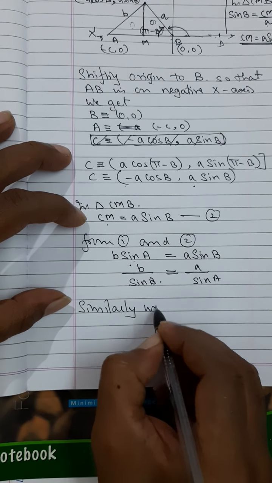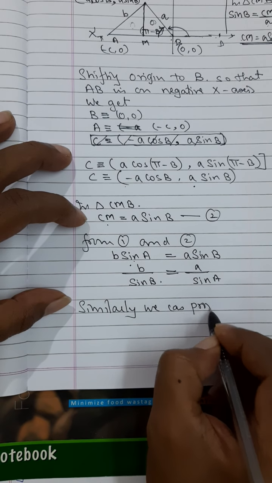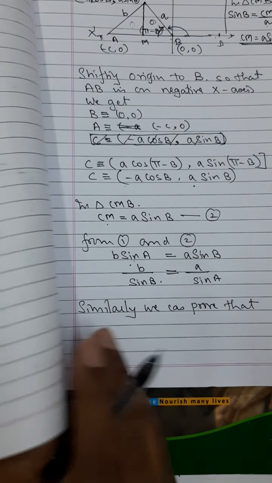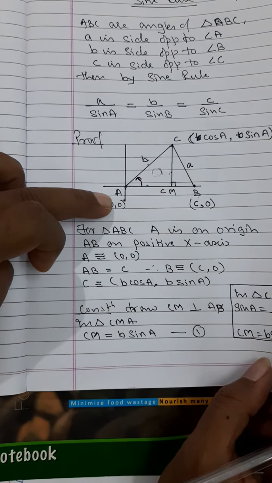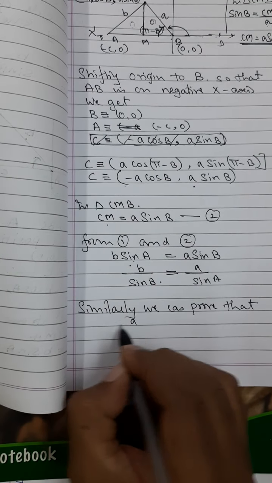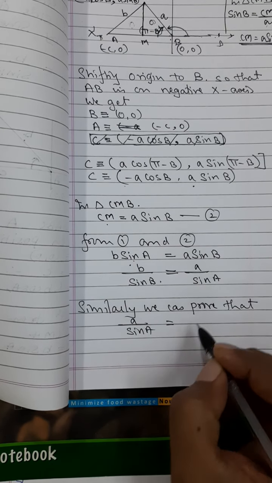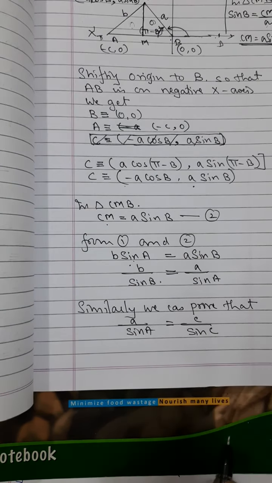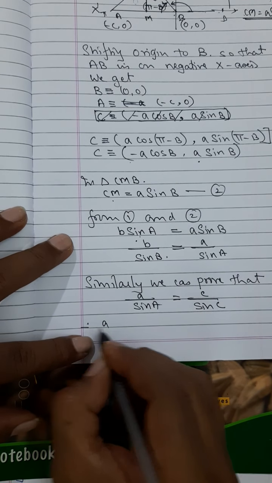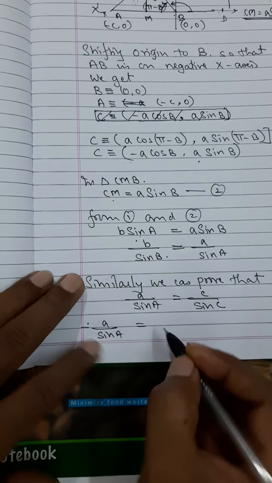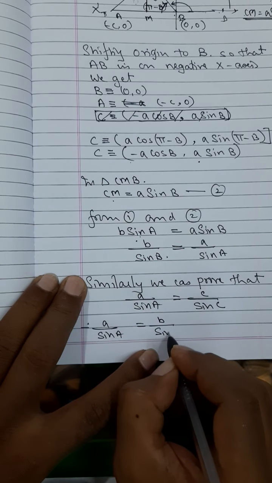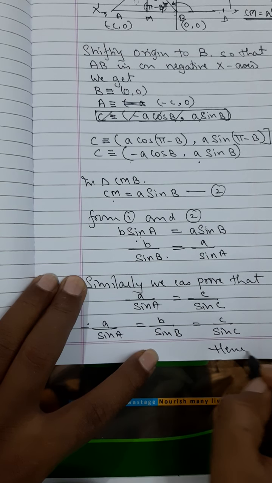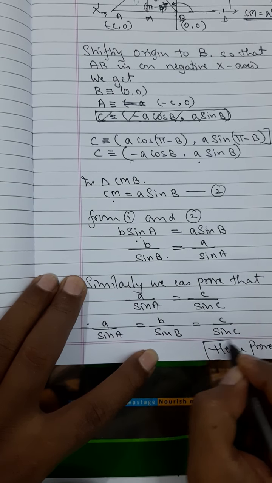Similarly, we can prove that if I take C over here, I will get A upon sin A is equal to C upon sin C. Therefore, A upon sin A is equal to B upon sin B is equal to C upon sin C, hence proved.